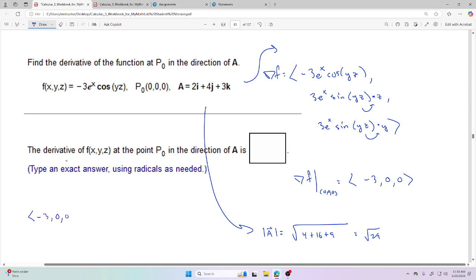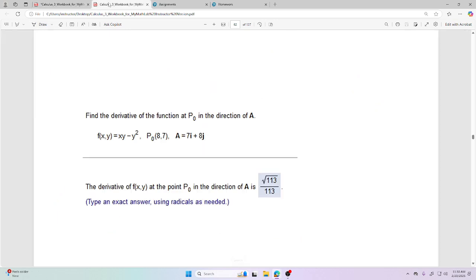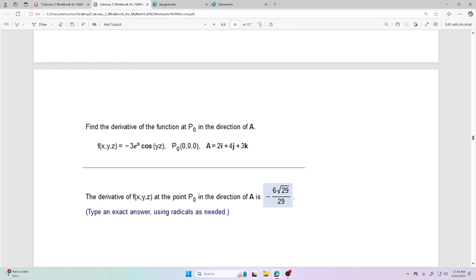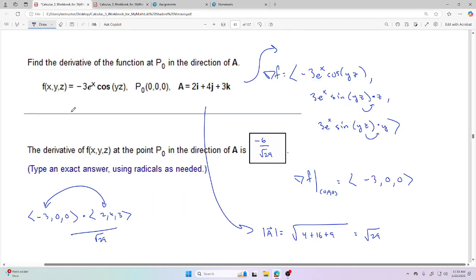I got this gradient dotted with the 2, 4, 3, and then I'm just going to divide the whole thing by square root 29. So the only things that even matter right there. Flash the answer. Yeah, that's good. There it is. Wow, that was way easy at the end.